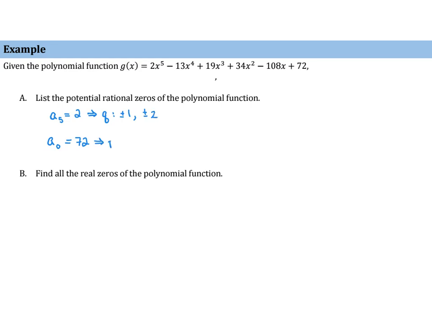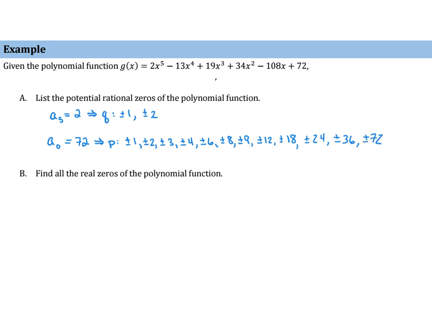Our p's will be all the factors of 72, plus or minus 1, plus or minus 2, plus or minus 3, plus or minus 4, plus or minus 6, plus or minus 8, plus or minus 9, plus or minus 12, plus or minus 18, plus or minus 24, plus or minus 36, plus or minus 72.